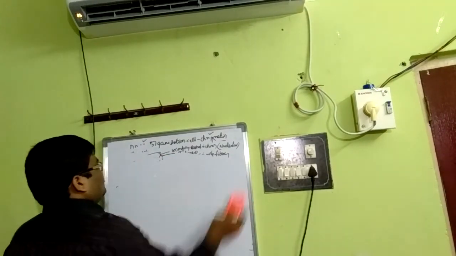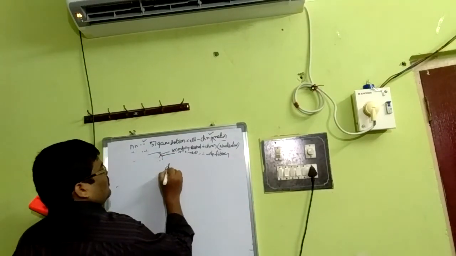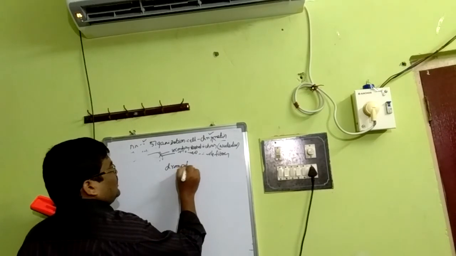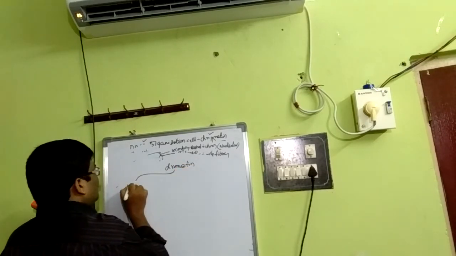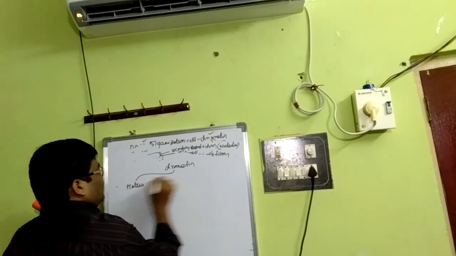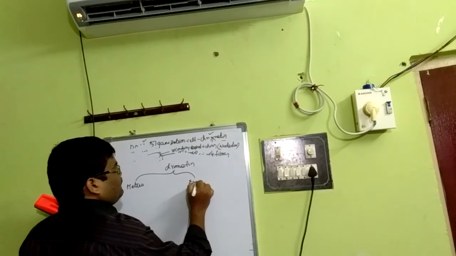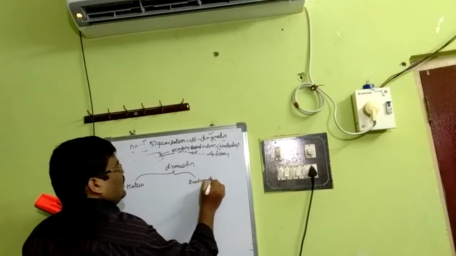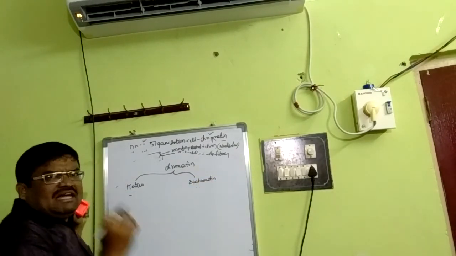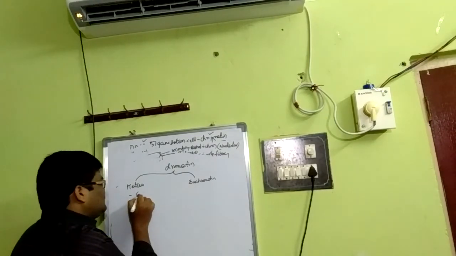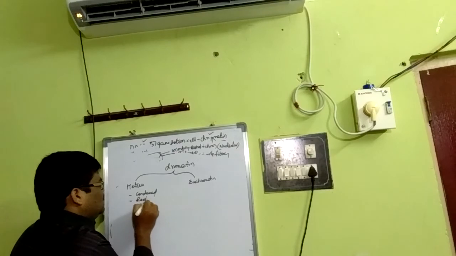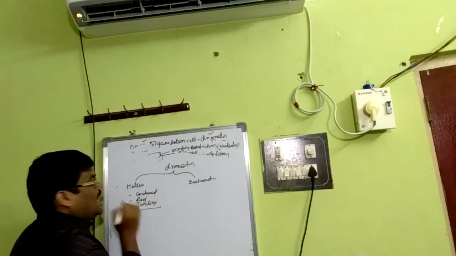Heterochromatin and euchromatin. Generally, with respect to chromatin organization, heterochromatin and euchromatin. Heterochromatin is a dense structure, much condensed, rod-shaped, which is the inactive part. That means transcriptionally it is inactive.